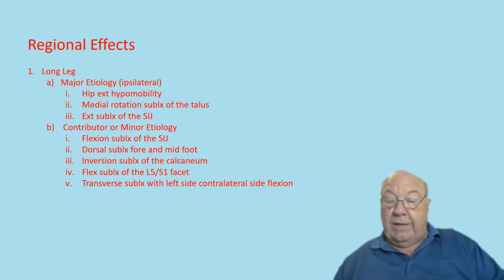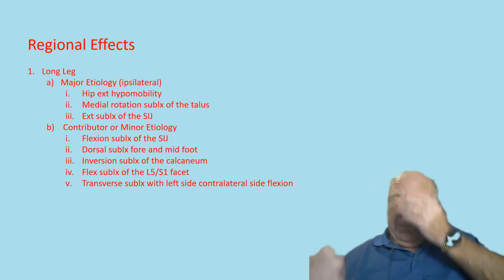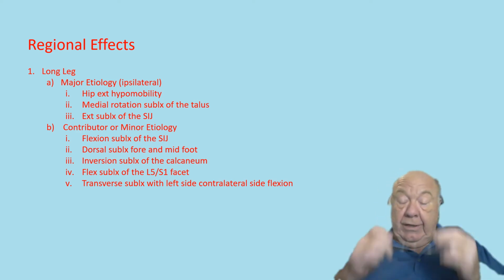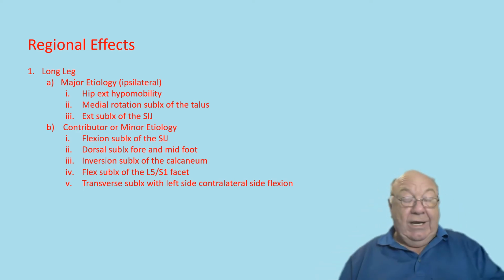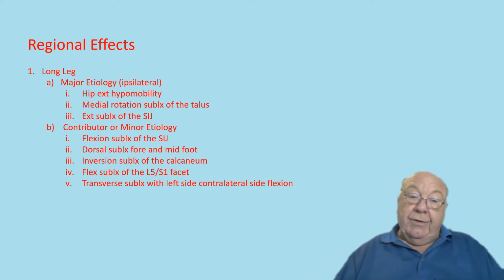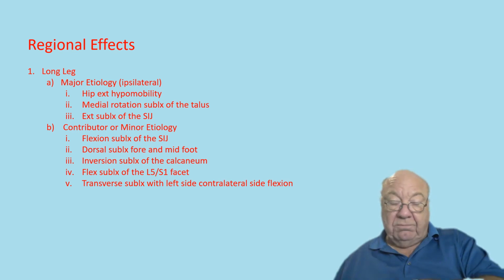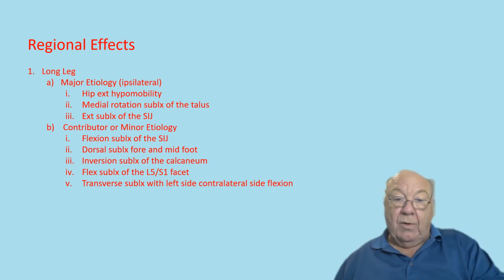Contributors to a long leg are things that make the leg longer, but really don't have the ability to produce a massively lengthened leg. So these do not allow the leg to shorten, basically. These are contributory etiologies that stop the compensation at those joints that are immobile or hypomobile, and make the joints that are mobile be excessively mobile and break down.